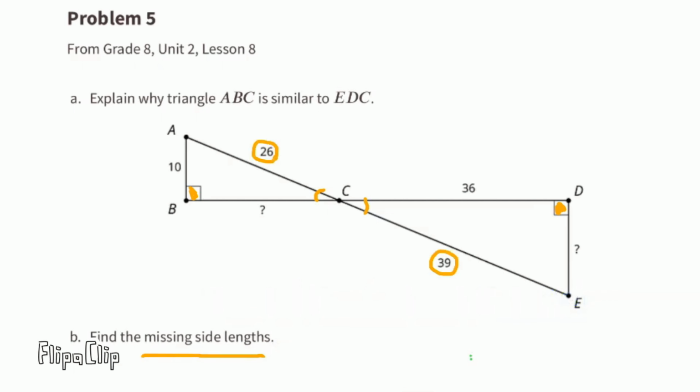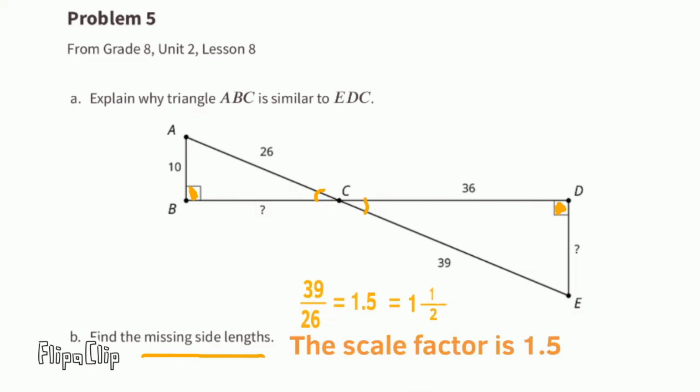B. Find the missing side lengths. We can use these two corresponding side lengths to help us find the missing side lengths. 39 over 26. That's the same as 39 divided by 26, which is 1.5. That means that the scale factor is 1.5.